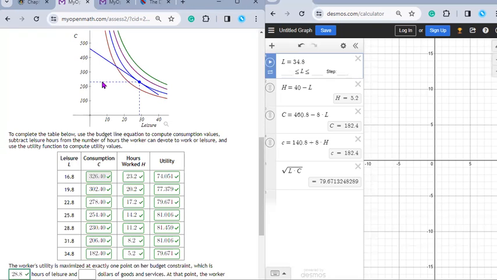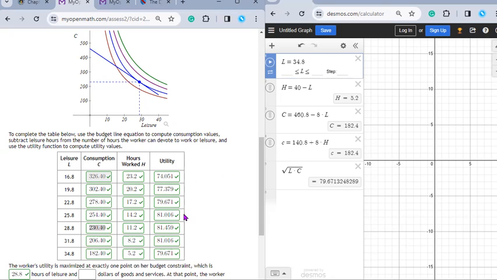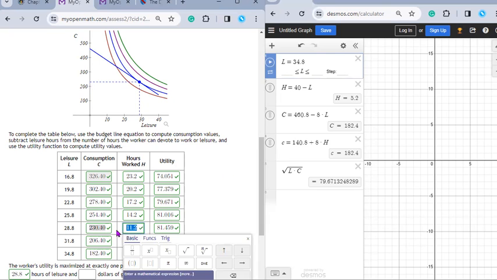And this height is my consumption level. So this is my optimal amount of leisure, and this is my optimal amount of consumption. And I'm optimally choosing to work 11.2 hours a week.